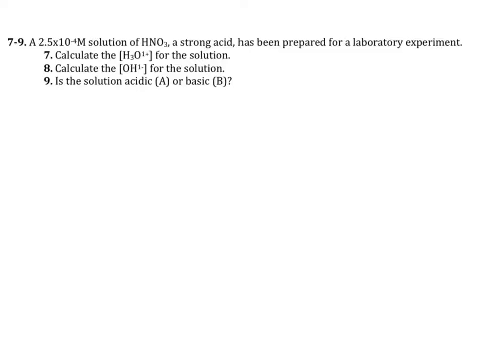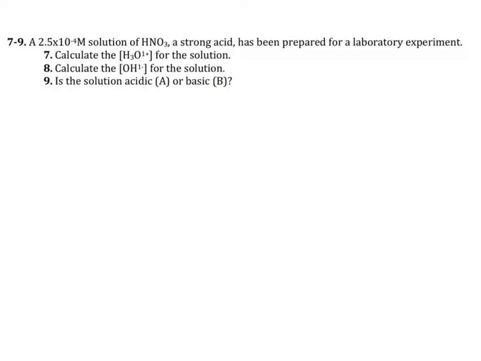Notice how in the first two problems we had to solve for this first. And the reason why we solved for the hydroxide ion concentration first was because we were putting a base in the solution, but in this situation we're putting an acid in the solution, so we're going to solve for the hydronium ion concentration first.